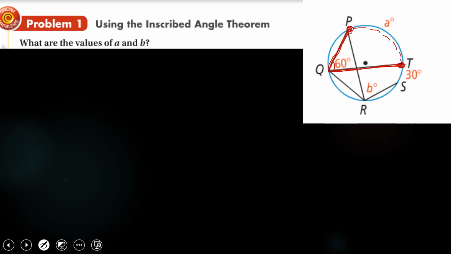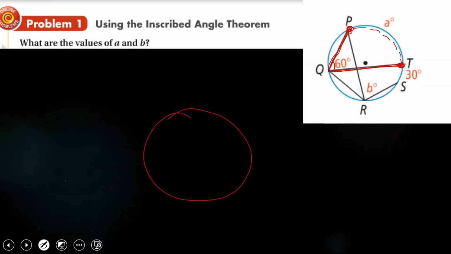The arc that is connected between the two sides of the angle will be an intercepted arc. I mean, if you have this circle here, and you have this point on the circumference, and the two sides for this angle are this and this point.